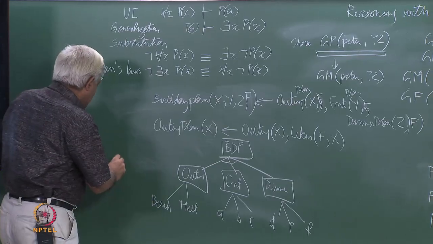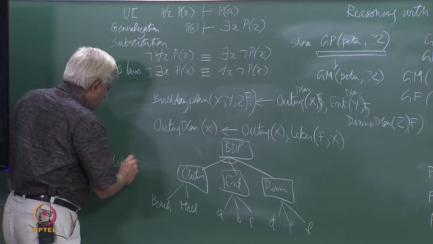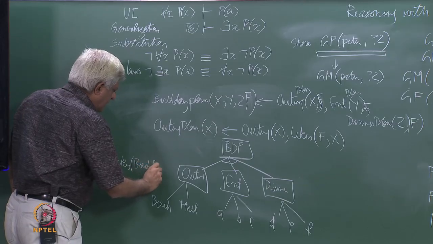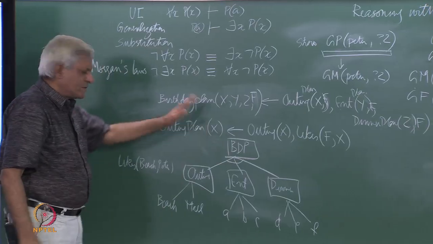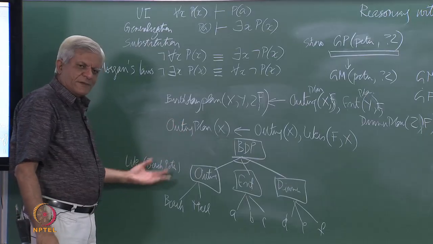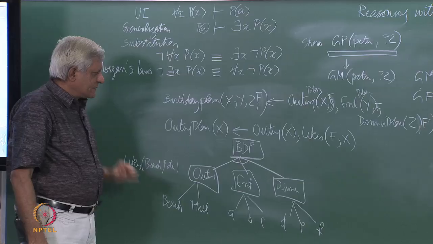So, some statement like beach Peter must be present in your knowledge base, because that is how you will, instead of asking a friend, say that is there a statement like that in my database already essentially.